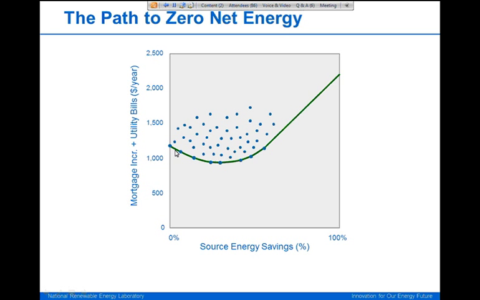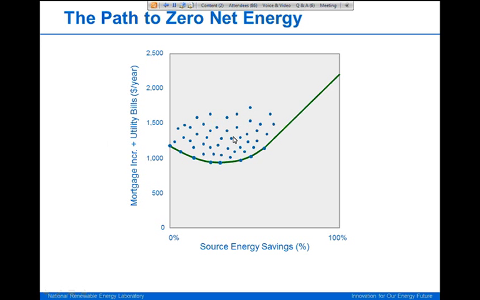What we would like to find is the lower boundary of this cloud of points, so that depending on what one's goal is in terms of energy saving, however much energy saving or what level of efficiency we want to operate at, we assume that we'd like to do that most cost effectively at a minimum energy-related cash flow.